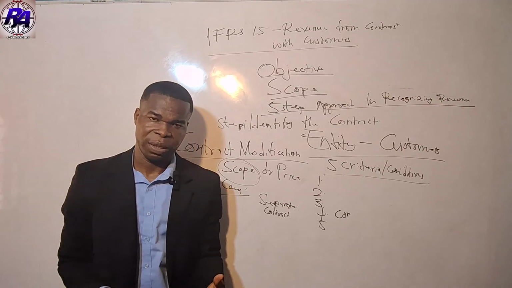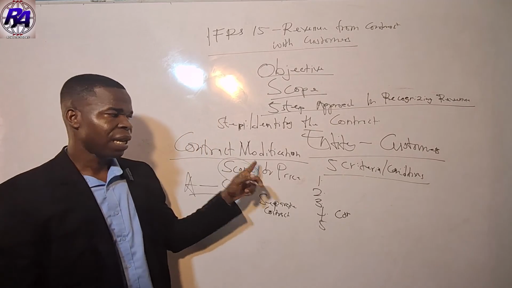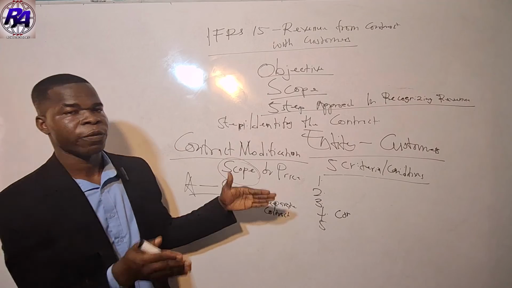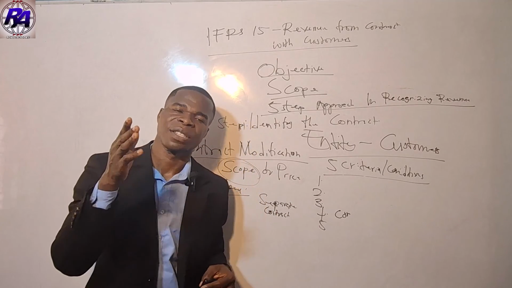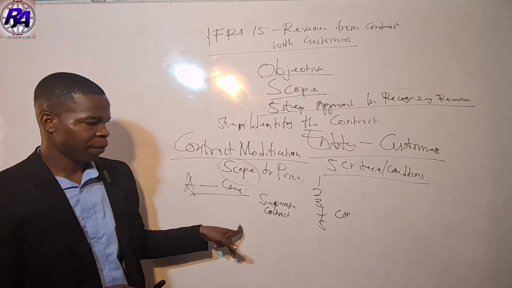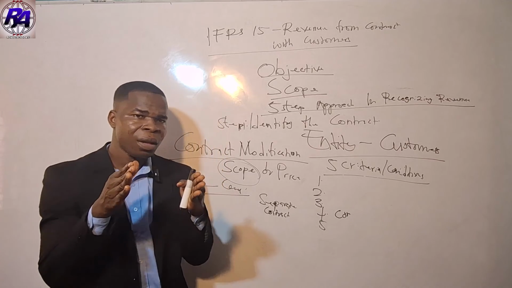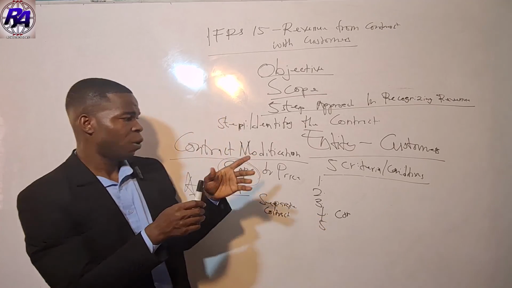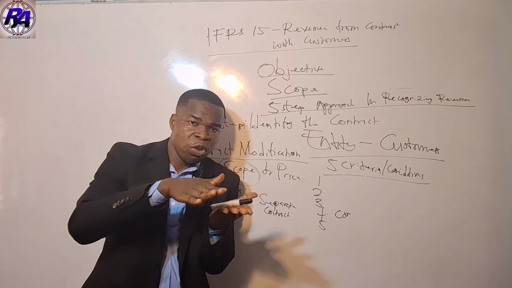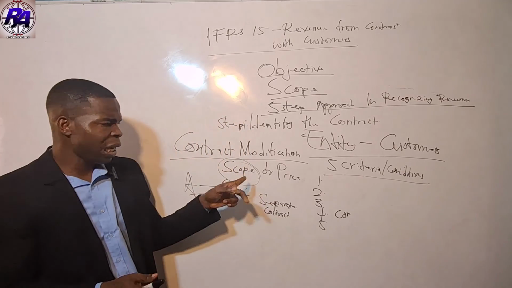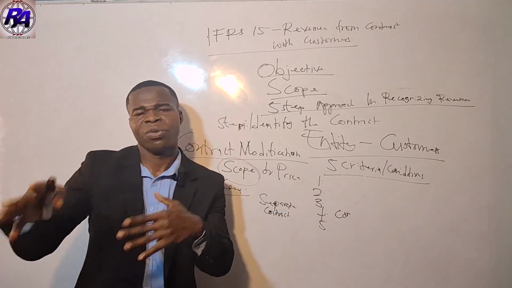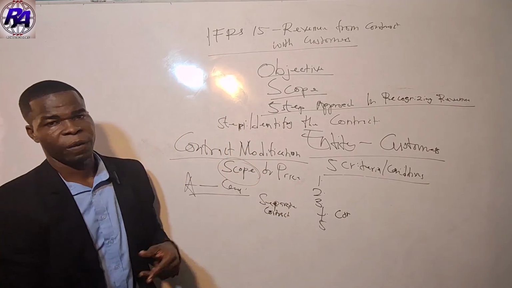However, there is an exception to this. The entity might choose not to account for a contract modification as a separate contract if the following are happening. The entity can account for this contract modification as a new contract when the promised goods and services of the existing contract are not the same as the new modification.